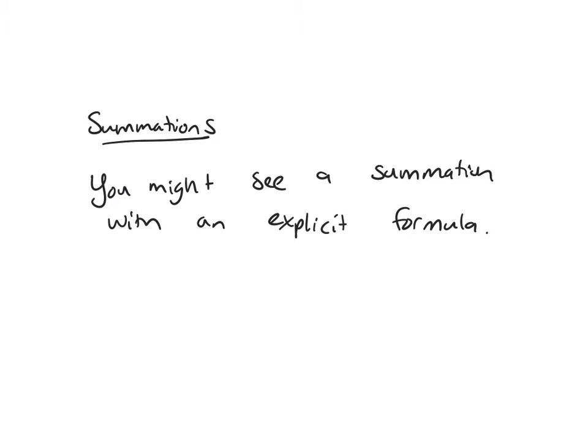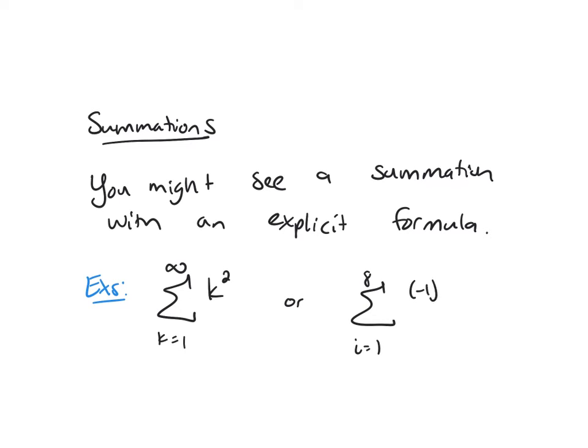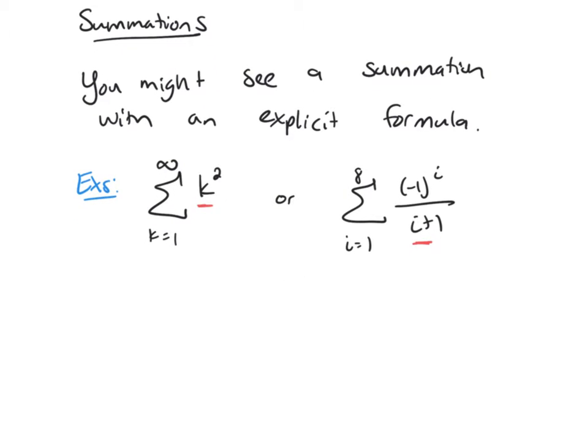So let's look at some examples of these: a summation from k equals 1 to infinity of k squared, or a summation from i equals 1 to infinity of negative 1 to the i over i plus 1. There might be some kind of explicit formula given for the summation. So let's look at some examples here.